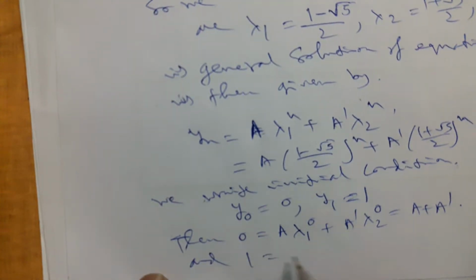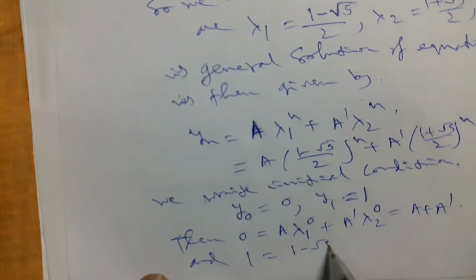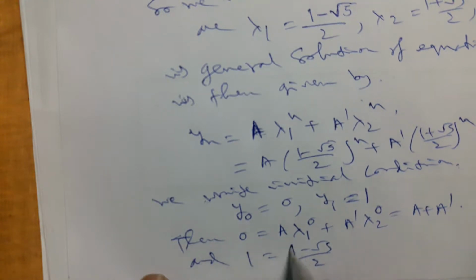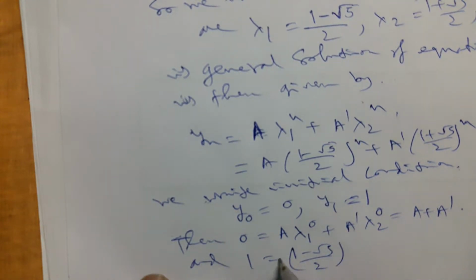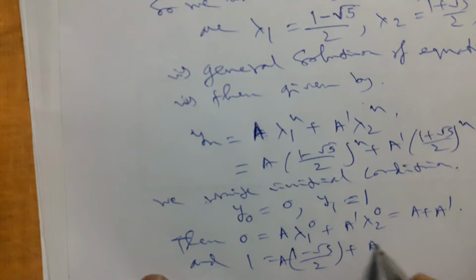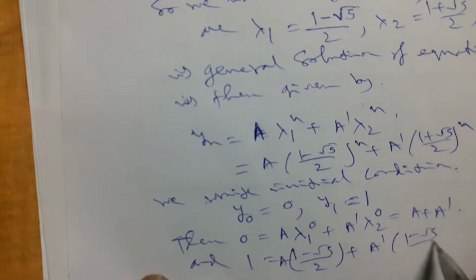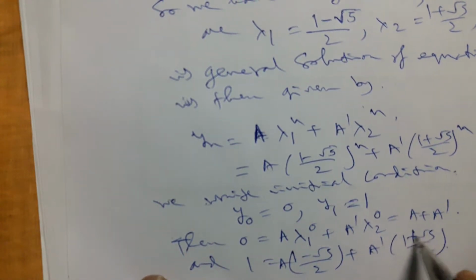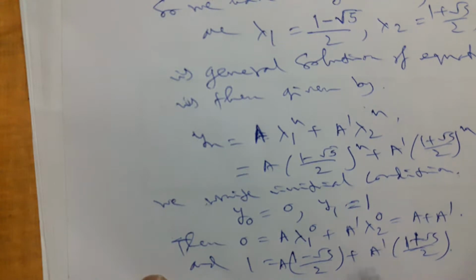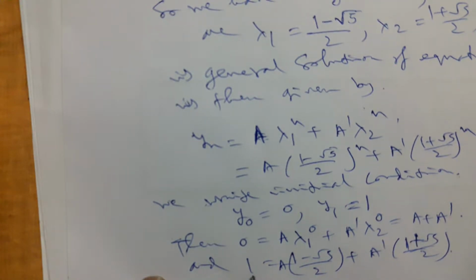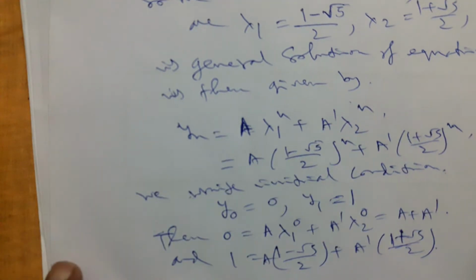Also for n equals 1, y1 equals 1 equals a times (1 minus root 5)/2 plus a' times (1 plus root 5)/2.